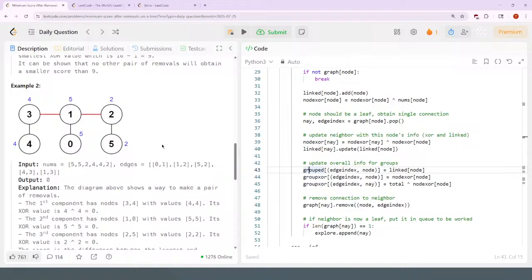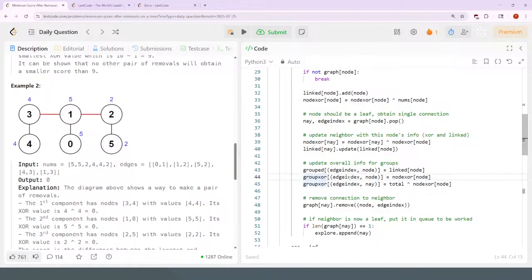So on this side of this edge, with this node denoting which side of the edge it is, it's going to be everything that is linked to this node 5, and the XOR value of this side is going to be whatever the XOR value of the node is.